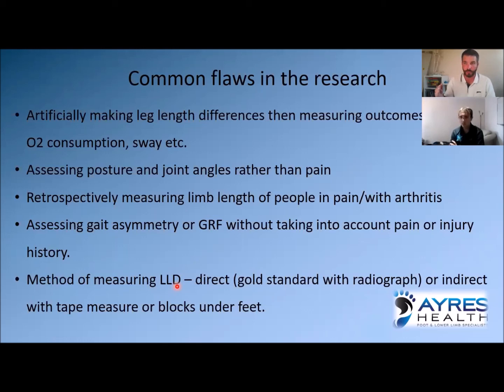Others say it's a lot bigger, others say it's smaller, but 2 centimetres is generally what it boils down to. And there's a huge debate about whether limb length difference has an effect on the musculoskeletal system. But I think we can probably say it does have an effect, but whether that effect is a problem is a different matter.